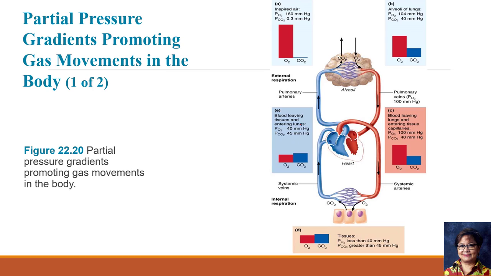So having said that, this oxygen-poor blood is now going to be delivered again into the alveoli, and take a look at what's going to happen. The only thing that happens there is diffusion, where oxygen from an area of greater concentration will diffuse towards an area of lesser concentration.